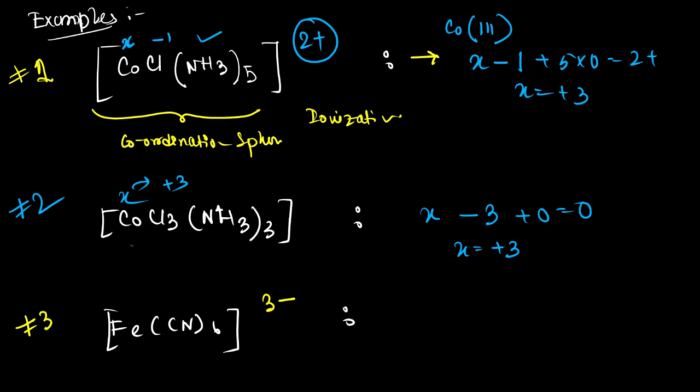I hope you have understood, and you can comment below what coordination number you find for iron in this coordination sphere. Here the coordination sphere is ionic in nature. You have to find the oxidation number of iron, and comment below.